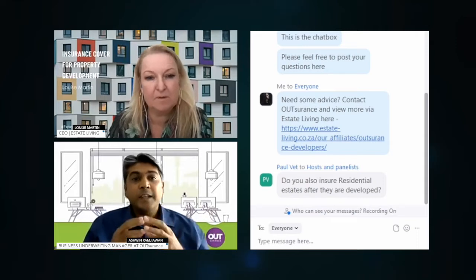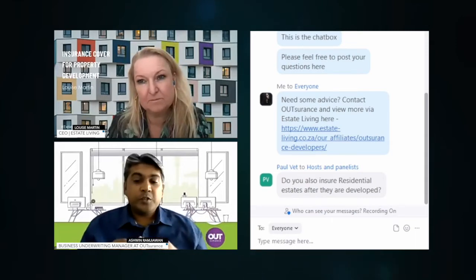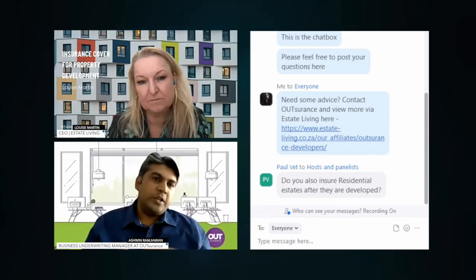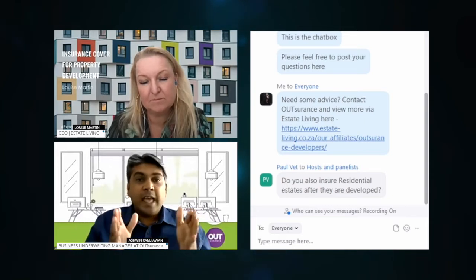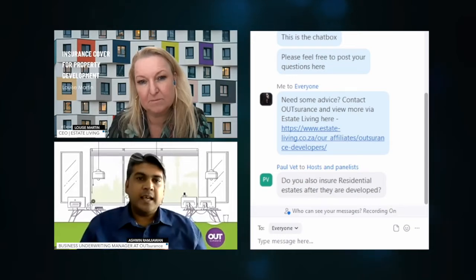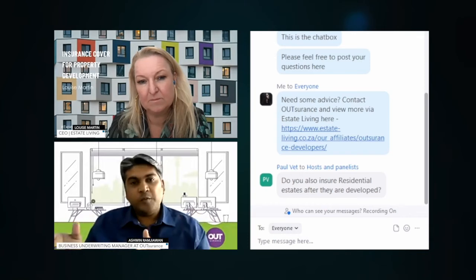There's a handover period. So typically, when the insured property has reached a stage of completion, the building contractor will probably sign a certificate of completion to hand over that site because the work is now completed. And typically in those situations is when that handover period comes into play.